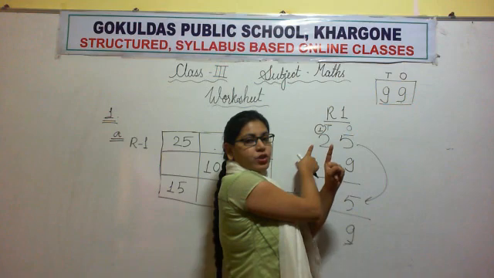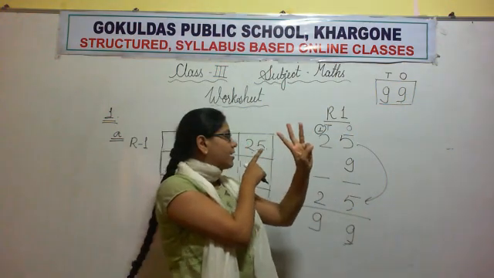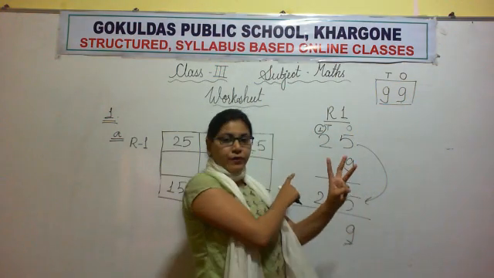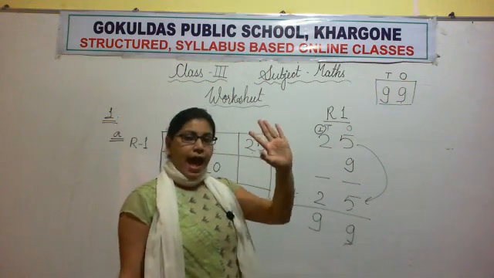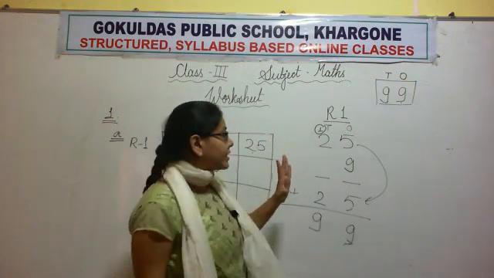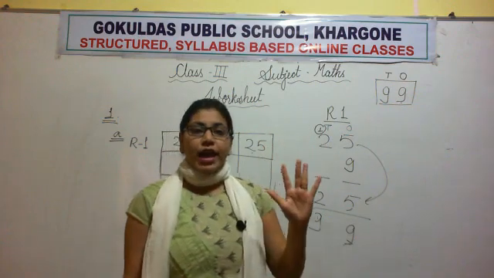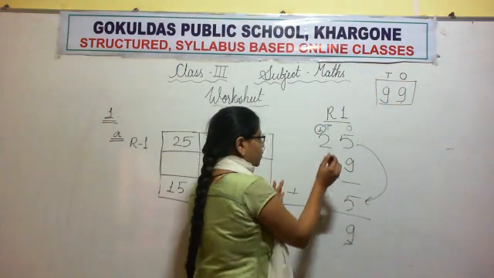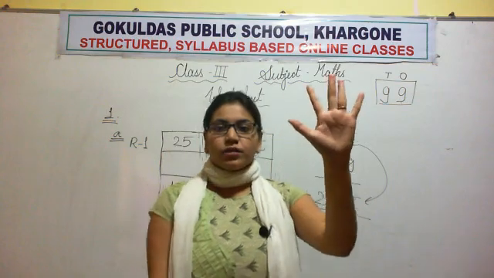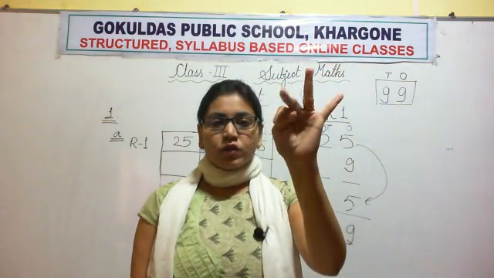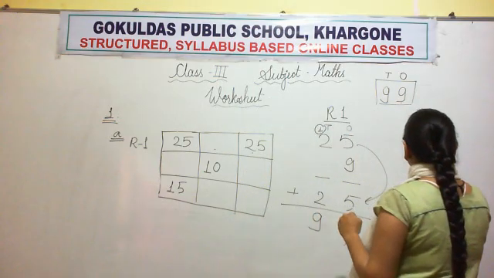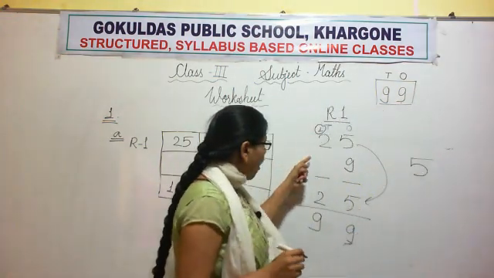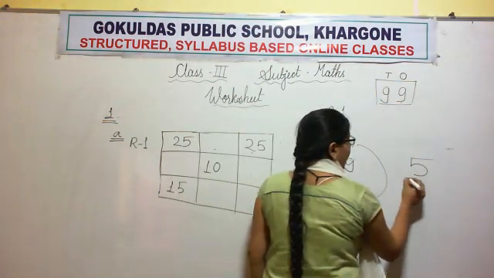Next number is 2, so we will open 2 more fingers. Now the blank, which we have to find, and again 2 is there, 1 and 2. So let's count how many fingers we have opened for these numbers. Let's count. 1, 2, 3, 4, 5. It means the sum of these 3 numbers is 5.